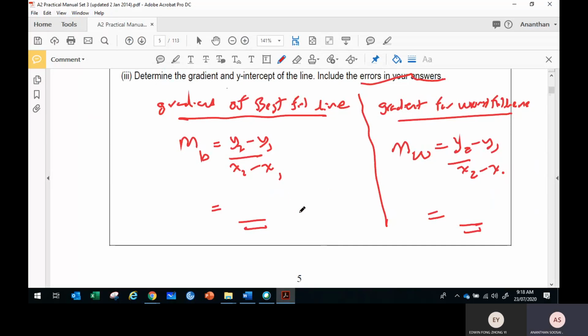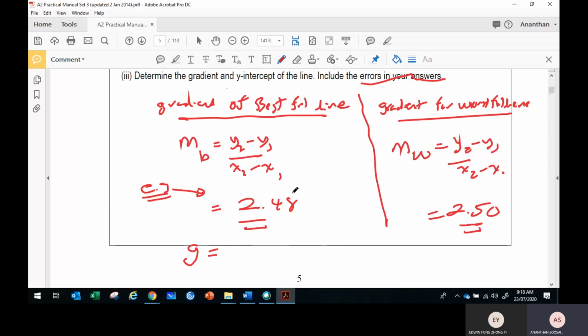Let's say the best fit line you got 2.48. Let's say, for example, the worst fit line you got 2.50. The gradient, for example. So the gradient answer will be what?